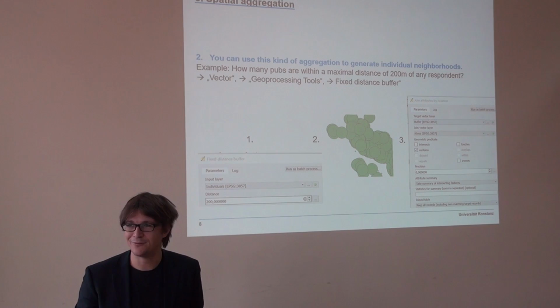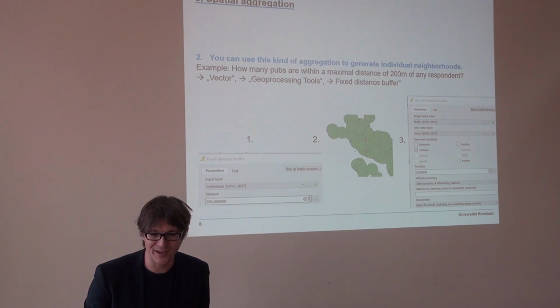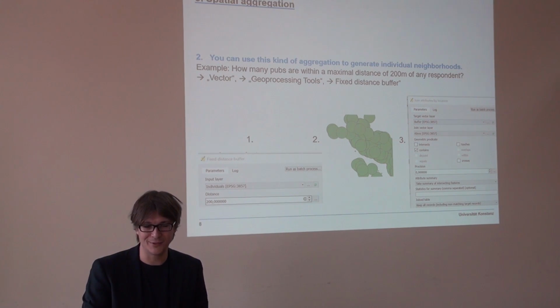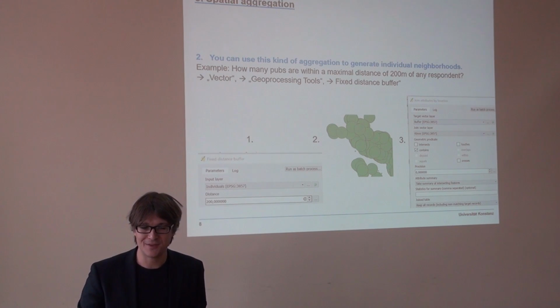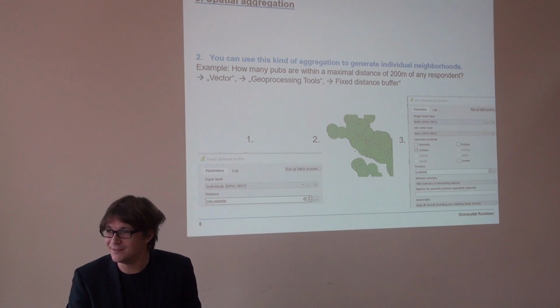So that's kind of individual neighborhoods. Yeah? So, for example, I calculated how many pubs or bars are within a distance of 200 meters around any respondent.